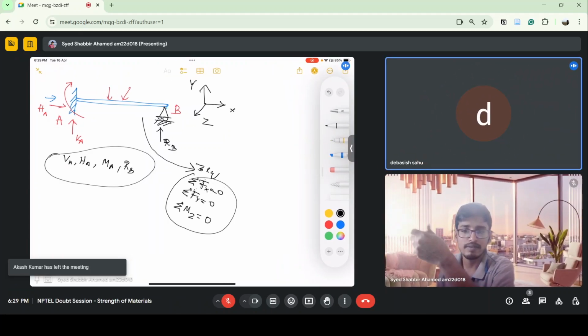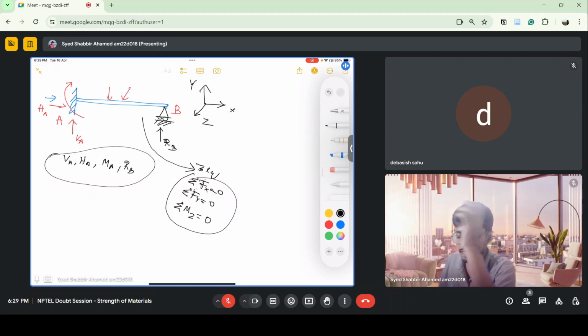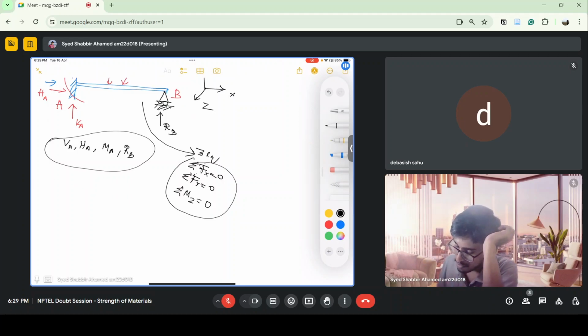That is one compatibility equation. Compatibility means it gives you some condition about the displacement or rotation. Using that condition, you can find out what RB is.